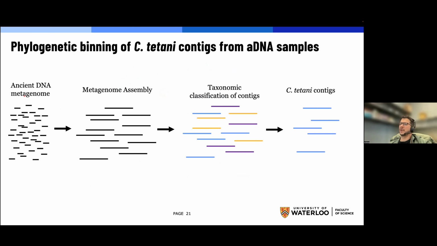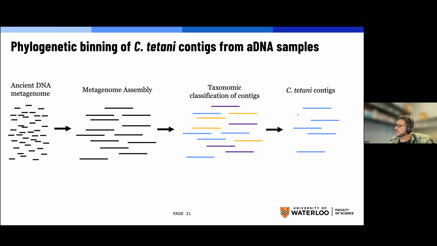Okay, so here short reads are analyzed through metagenome assembly to get larger contigs. Those contigs are then analyzed using other methods to get more accurate identifications of taxonomic origin. And then we can bin out those contigs that we are very certain are derived from C. tetani.